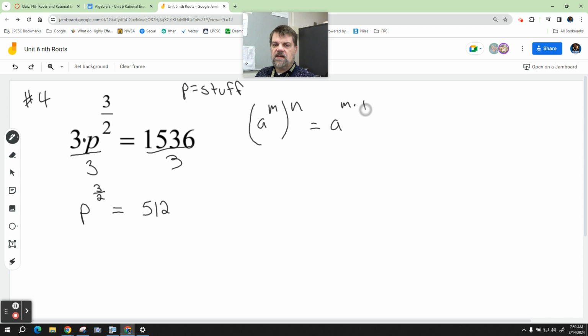You guys remember that? And so I said, in order for me to get rid of this, what I really want to do is make this equal 1. Well, the best way to make a fraction equal 1 is to multiply it by the reciprocal. And then over to the side, I said, all right, this is what this looks like.